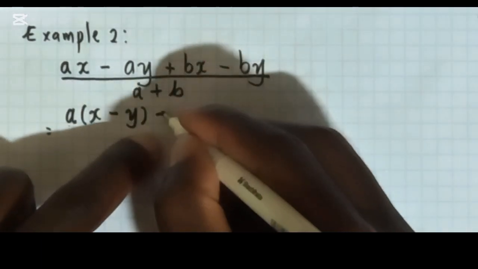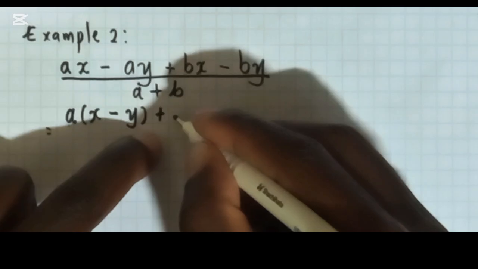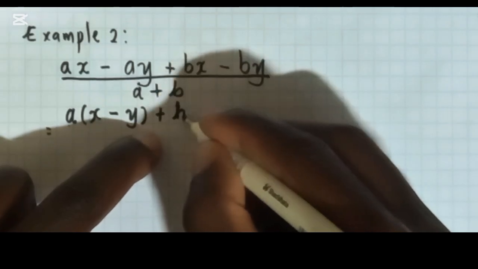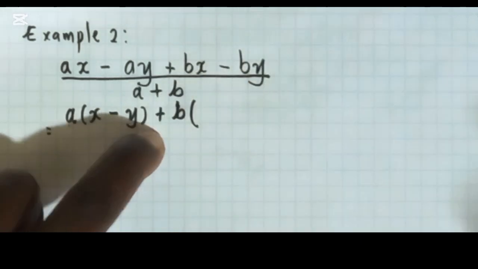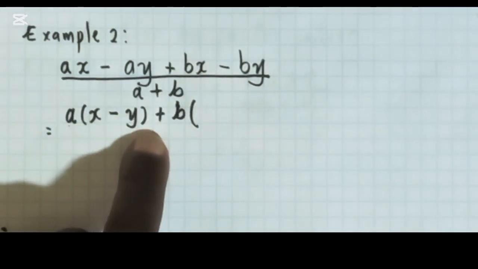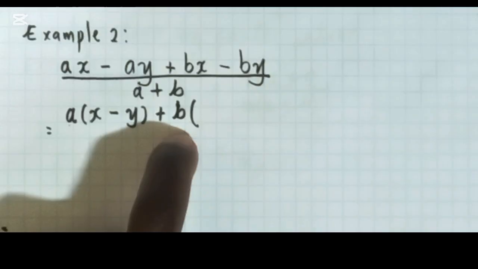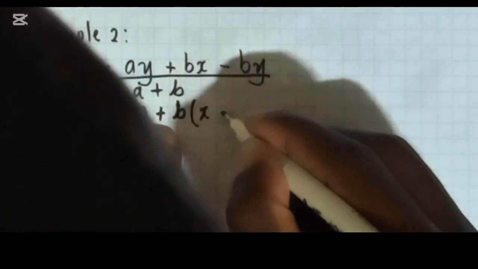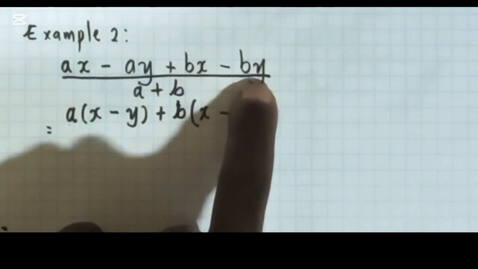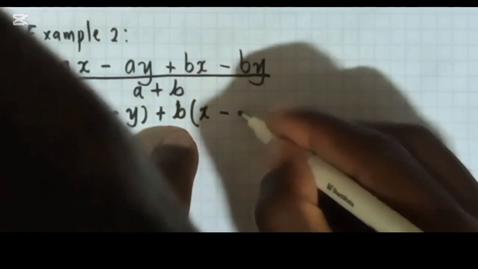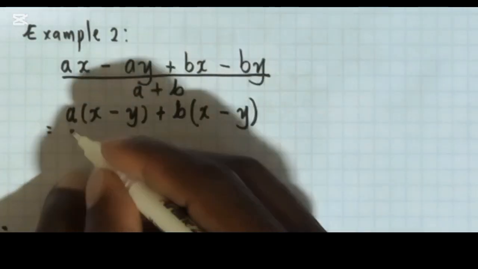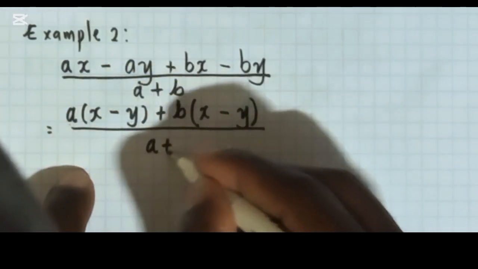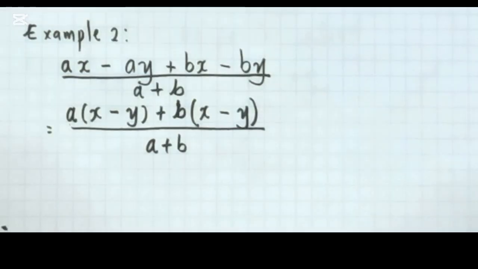So we're going to factorize b into, so bx divided by b will give us x minus by divided by b will give us y. All of this all over a plus b.